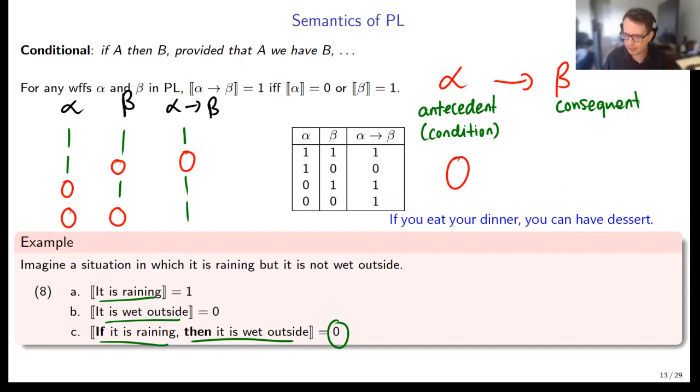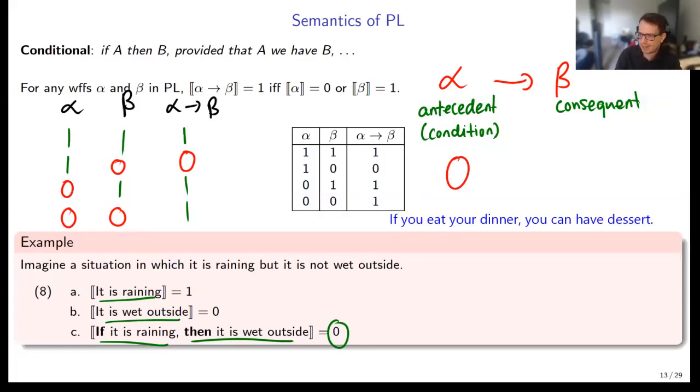And the intuitive idea here, the explanation that I've always gotten that makes sense in my head, is that if we think about this in terms of it being false when we're lied to, if the antecedent or the condition is false, we cannot test the conditional. And because we cannot test the conditional, we cannot claim that it is false.